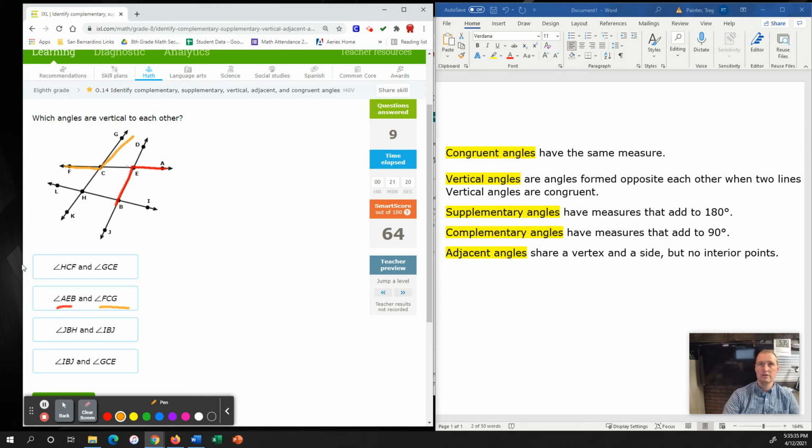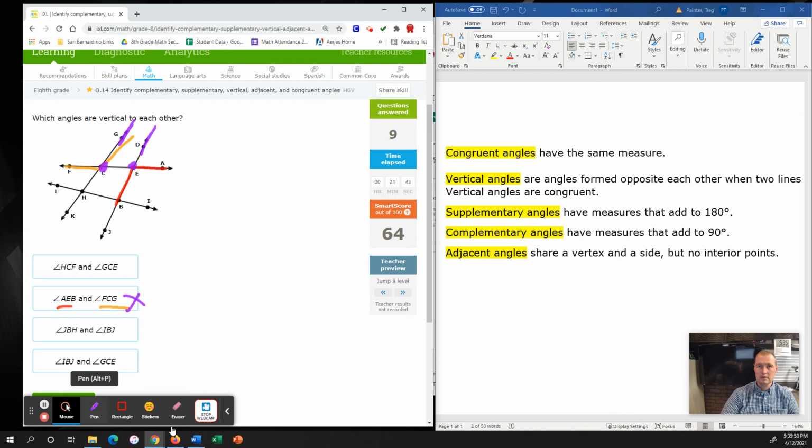No, they're not across from each other. They don't connect the same vertex. Vertex means angle. So we're looking for the same vertex, which is here and here. So C and E aren't the same. It's not going to work on this one, only because these 2 lines here are not parallel. If they were parallel, it'd be a different story. But they're not parallel. The second one down does not work.